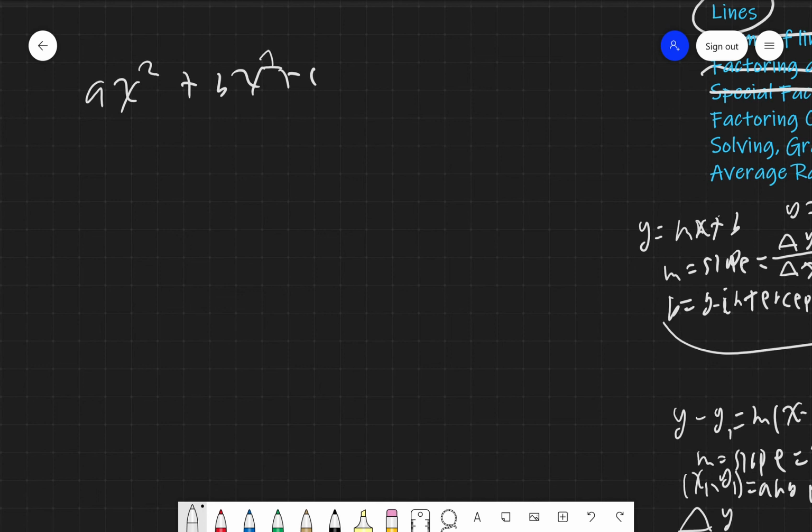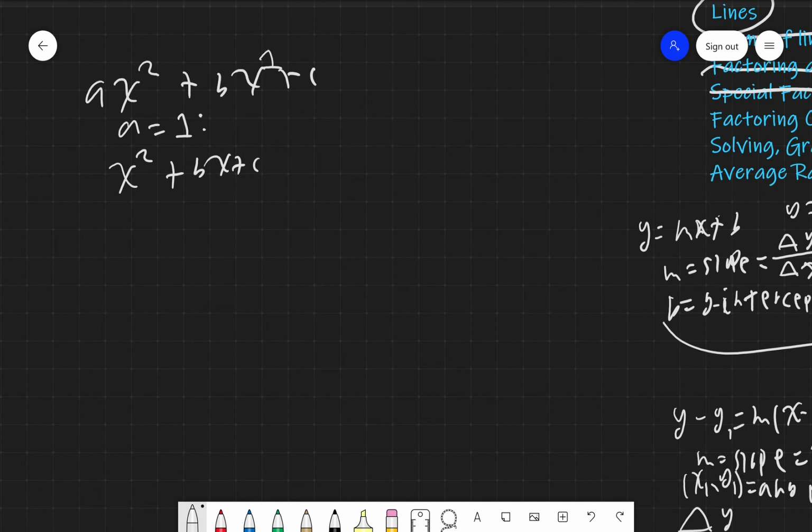So how do you do this? Well, what we do is factor it. First we're going to talk about if a equals 1. Then we're going to have x squared plus bx plus c.